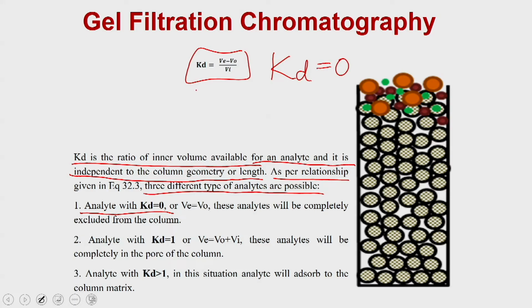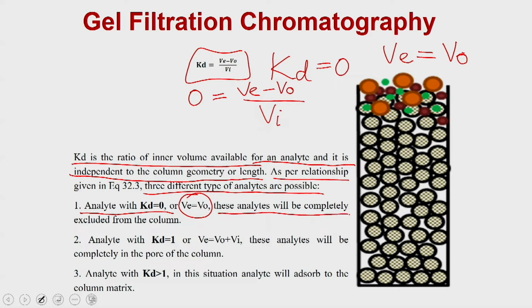If you put Kd as 0, then Kd equals (VE minus VO) divided by Vi. If you do the rearrangement, what you will see is that VE is equivalent to VO, which means these analytes will be completely excluded from the column.